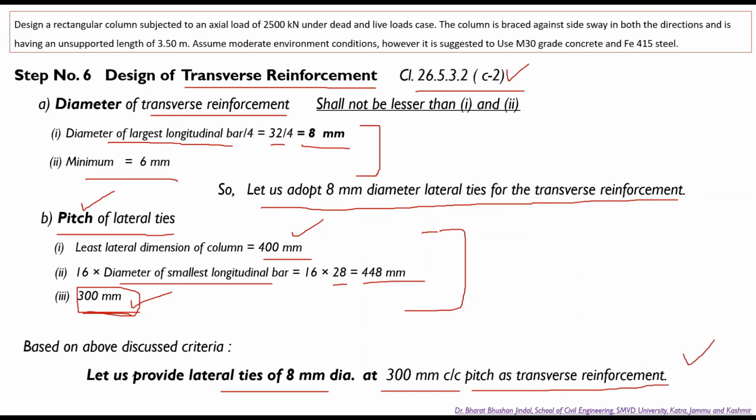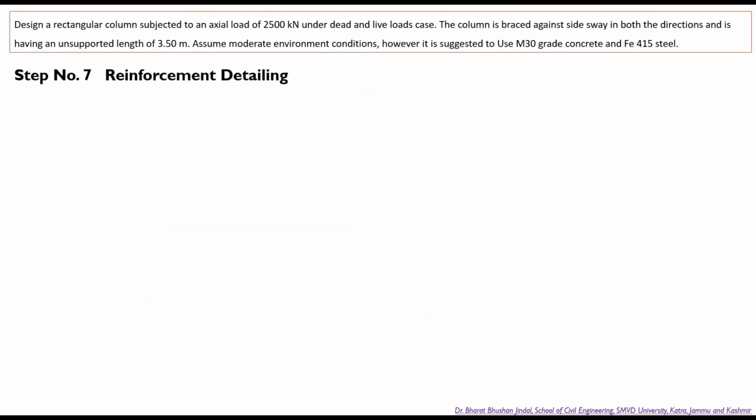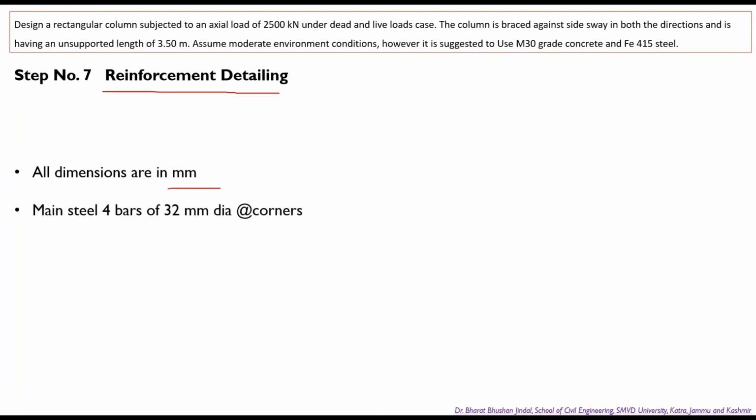So in step number 5 and step number 6, we have decided what should be the longitudinal steel as well as transverse steel. Now the last but very important part of the design problem is always the reinforcement detailing. So what we have decided is that all the dimensions in the drawing will be in millimeter.